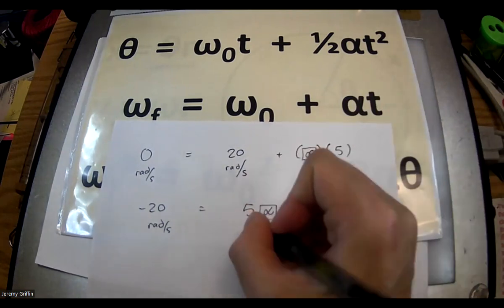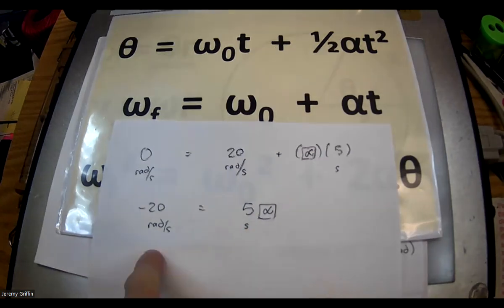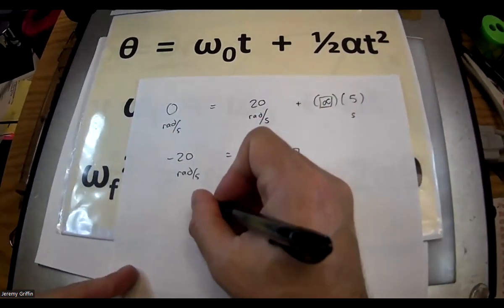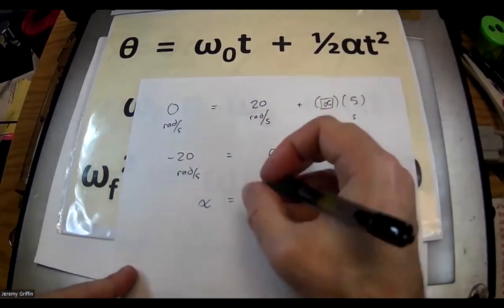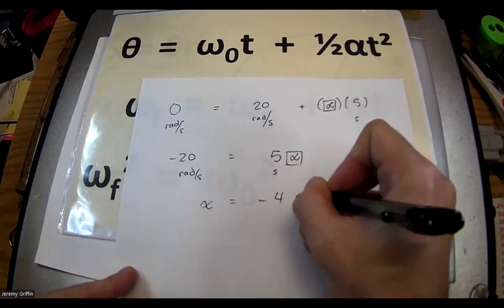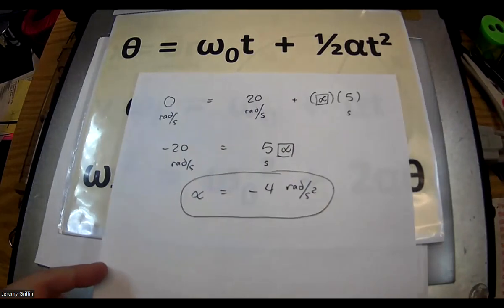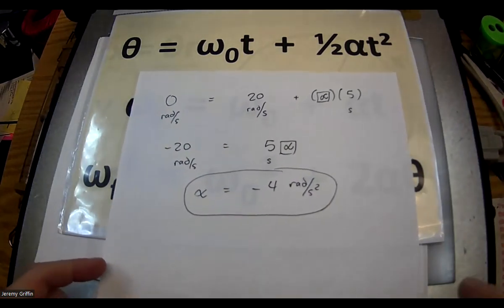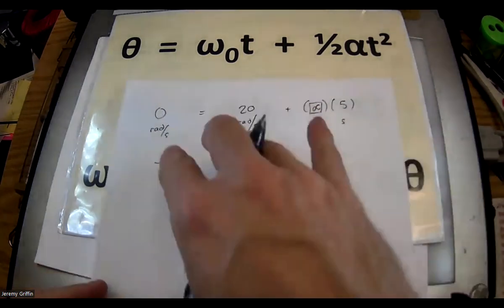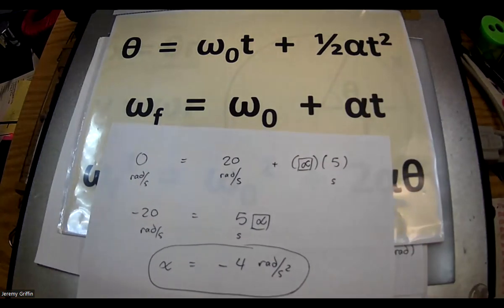This is 5 seconds, right? Divide over 5 seconds, and get alpha is equal to negative 4 radians per second squared. So that's the rate that that turntable is slowing down for all these numbers to play out just like that.